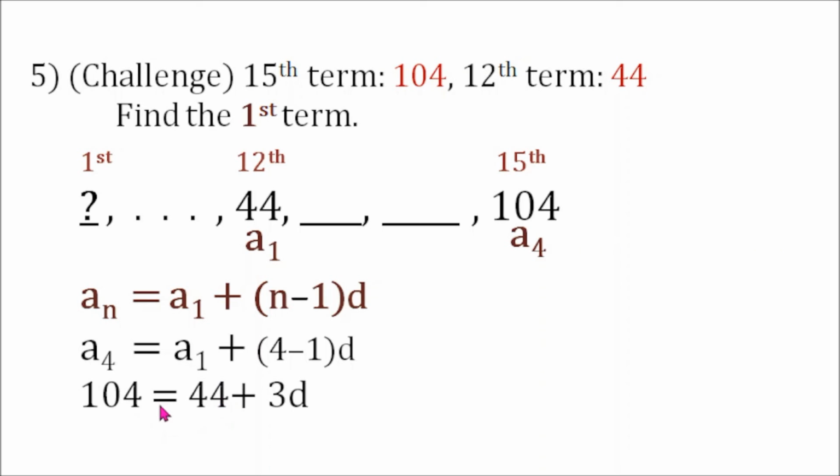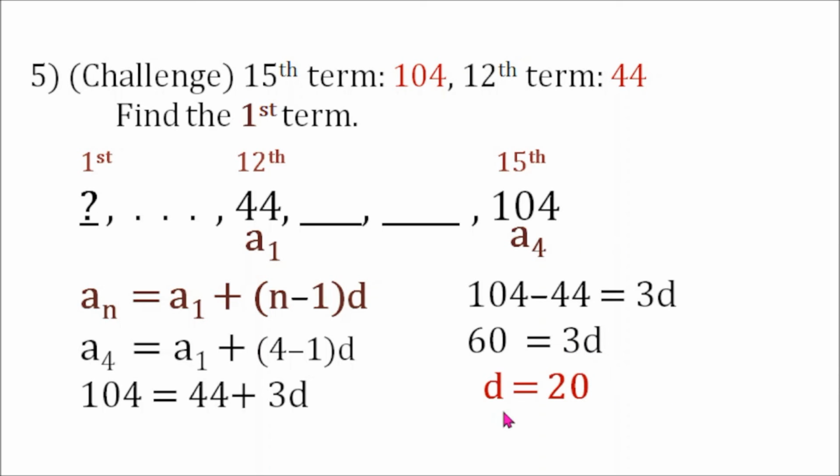So we have this, 104 equals 44 plus 3d. Subtracting 44 from both sides, we have 104 minus 44 equals 60 equals 3d. Dividing both sides by 3, d equals 20. So we know our d.